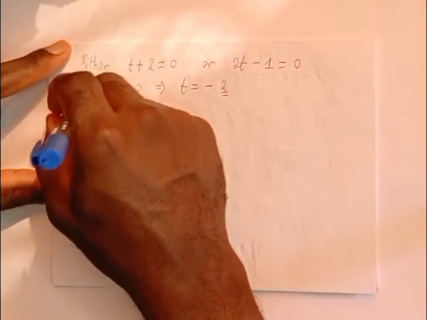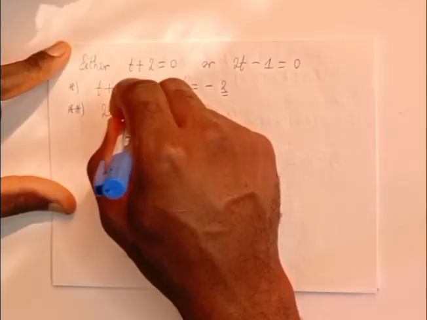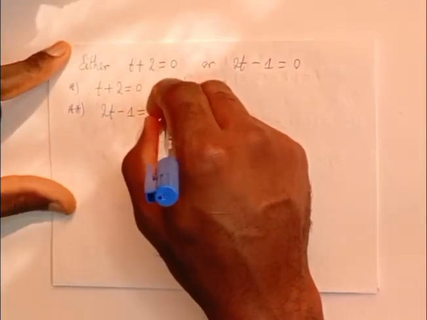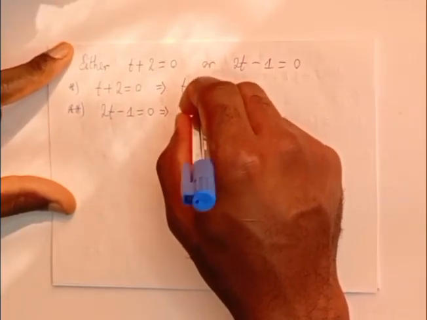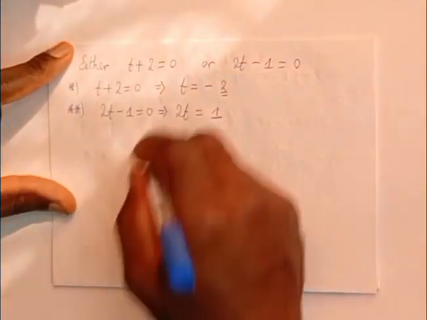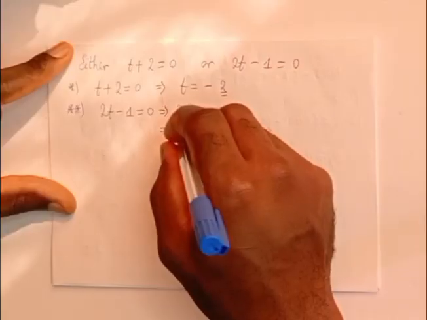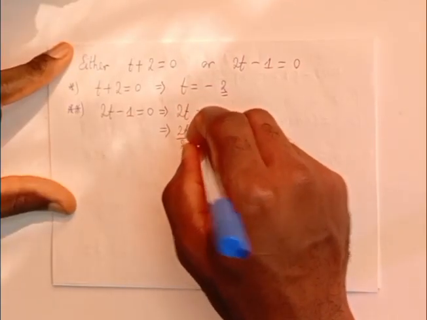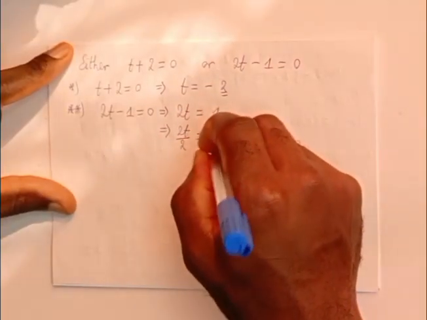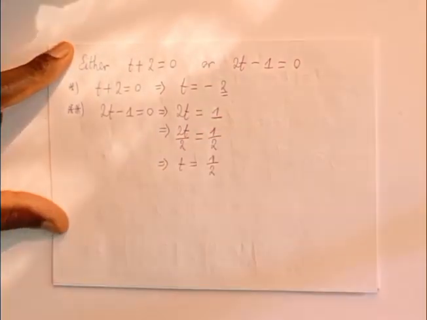If we take the second one, 2t minus 1 equal to 0, then 2t will be equal to 1. Then if we divide both sides by the coefficient of t, which is 2, 2t divided by 2 is equal to 1 over 2. This implies that t will be equal to a half.